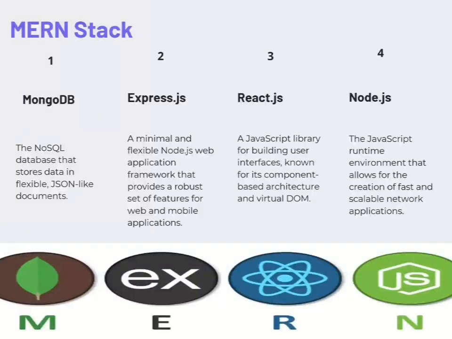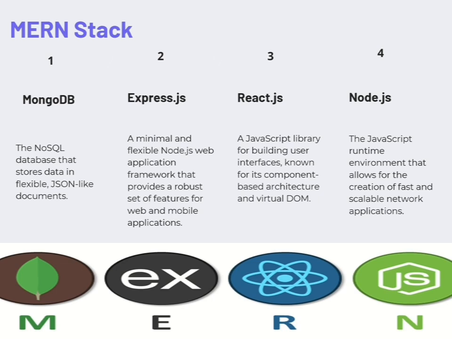Now see MERN Stack. As we can see, M stands for MongoDB, E stands for Express.js, R stands for React.js, and N stands for Node.js. The MERN stack is a powerful combination of MongoDB, Express.js, React.js, and Node.js. MongoDB is our NoSQL database.